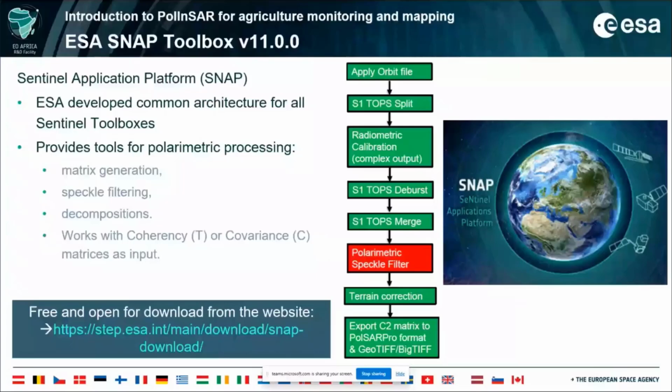It includes tools, for example, for polarimetric processing, such as matrix generation, speckle filtering, and decompositions, and it also works with coherency and covariance matrices as input. As you can see in this graph, this is an example of a workflow that you can investigate using SNAP. It is also free and open to download, and I pasted the link to the website here.